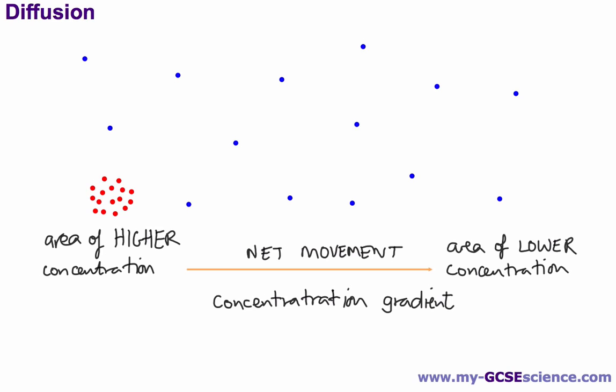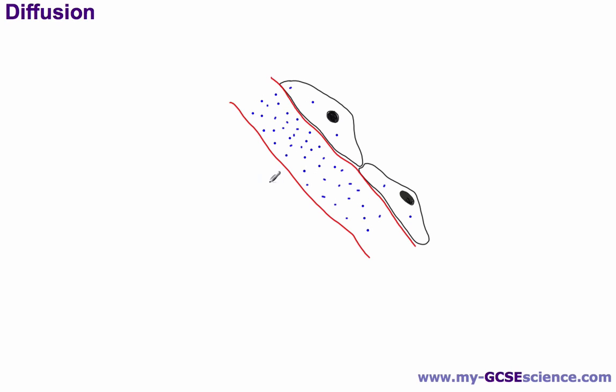Now it's very important in living things that dissolved substances can diffuse, because if we look here, I've got an example of some cells, and they are very close to a blood vessel. And in that blood vessel, in blue, I've drawn these particles of oxygen.